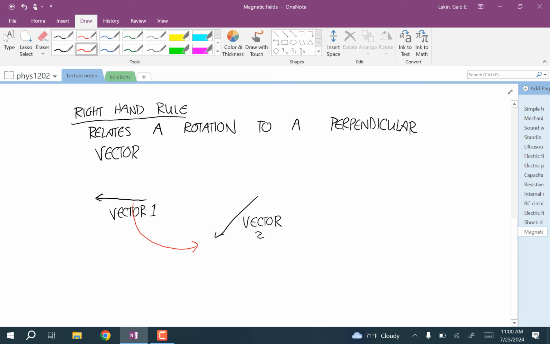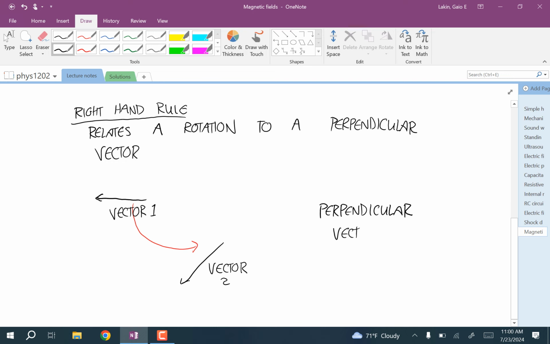So in this case, the rotation would be in that direction. Okay, and then the perpendicular vector is going to be like the output. So I'll call that vector 3, I guess. And that perpendicular vector 3 is what we get out of this right-hand rule.